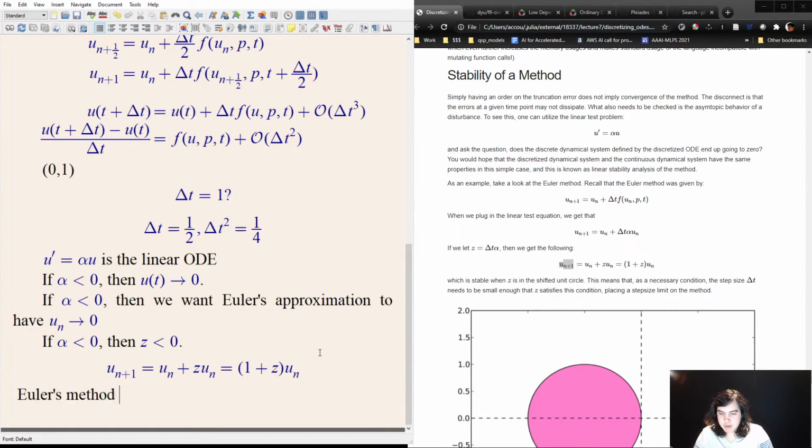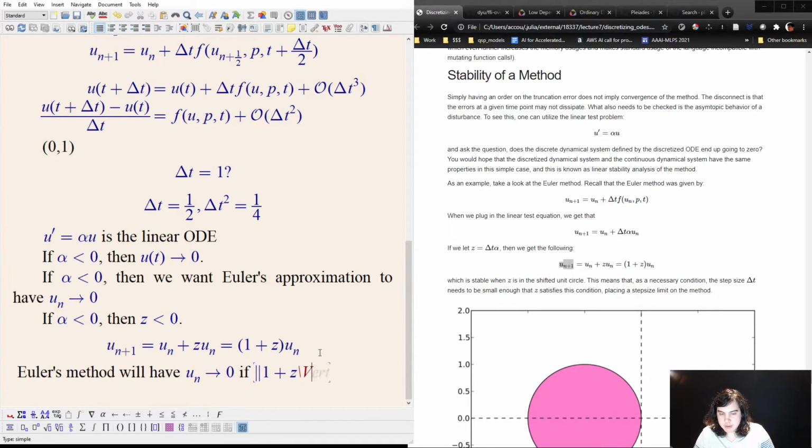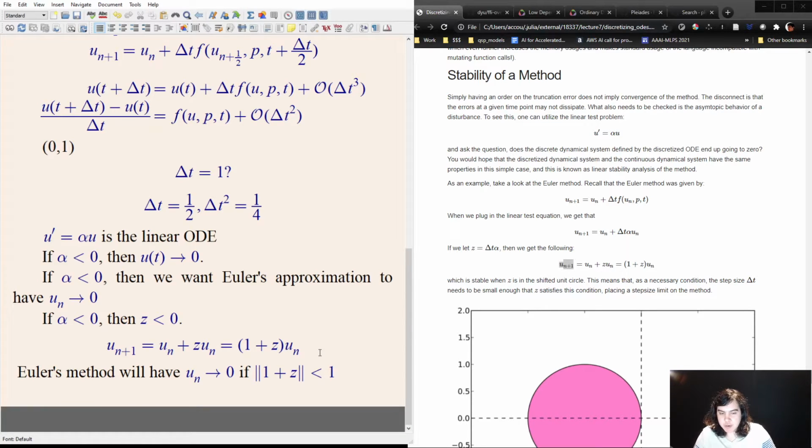Euler's method will have u_n go to 0 if the norm of 1 plus z is less than 1. Why is this the case? Well, this is what we showed with discrete dynamical systems.